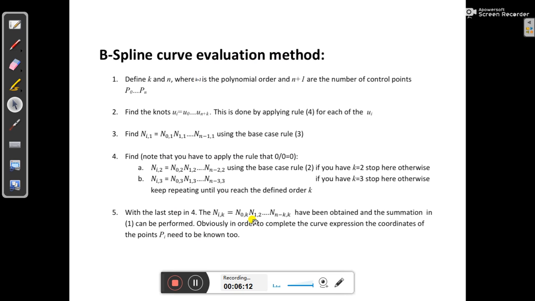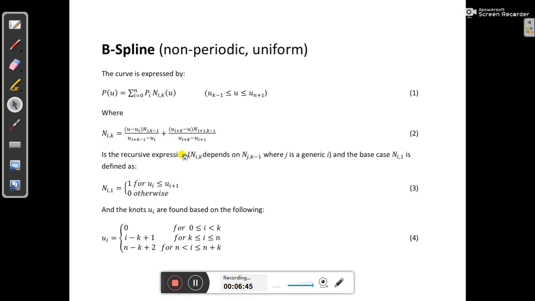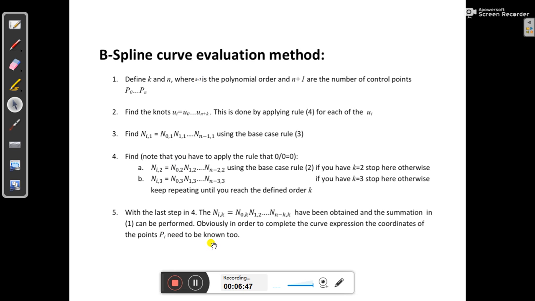So we need to evaluate the B-spline curve. We need to define k and n, where k minus 1 is the polynomial order and n plus 1 is the number of control points, such that k minus 1 becomes the degree of the curve and n plus 1 becomes the number of control points, like this one, p0 to pn. Then we need to find the knots following the conditions.